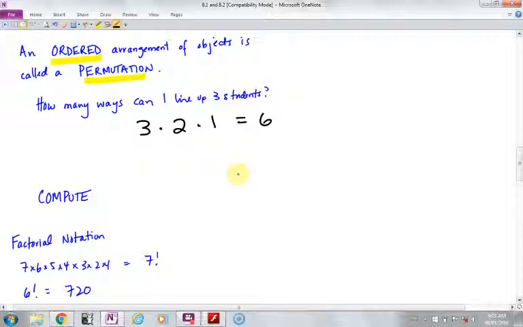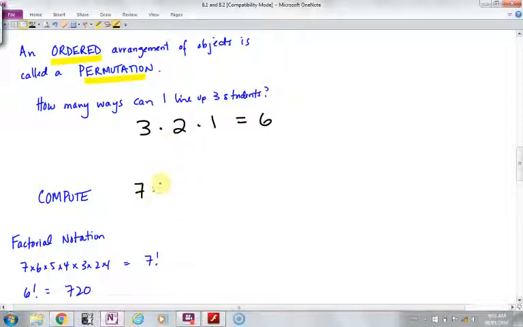If I have the letters in the word compute, how many ways can I rearrange those? So the question is, how many letters have I got altogether? 6 or 7? 1, 2, 3, 4, 5, 6, 7. So the first letter, I have 7 to pick from.